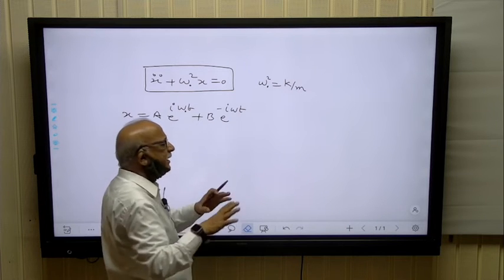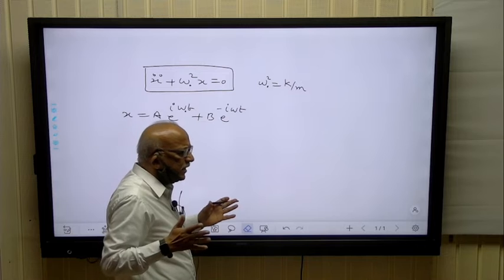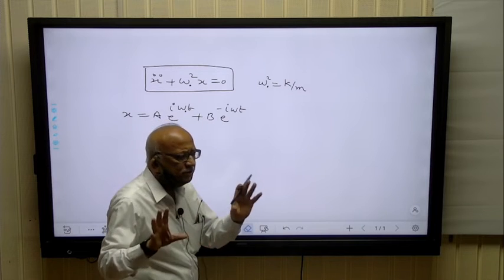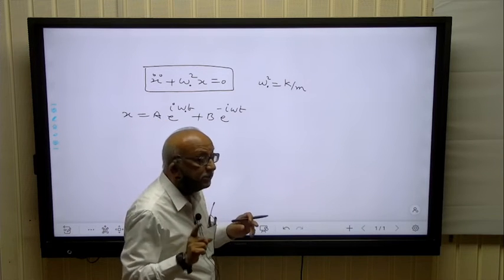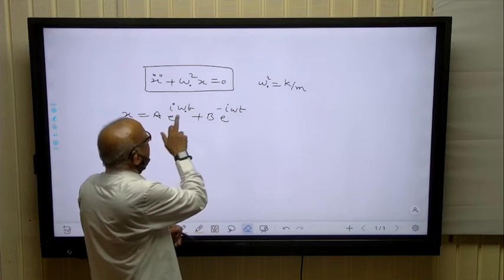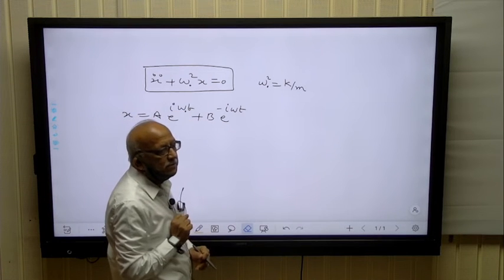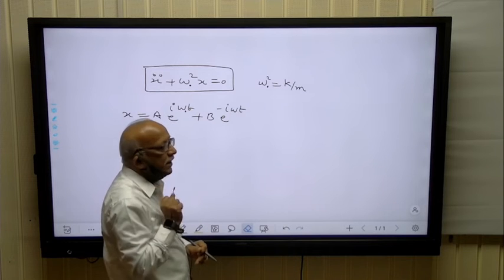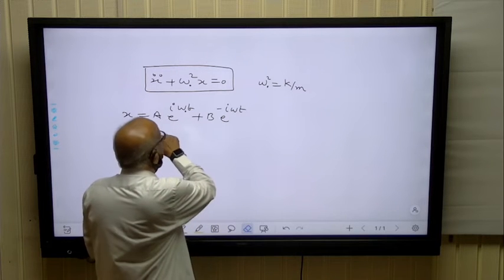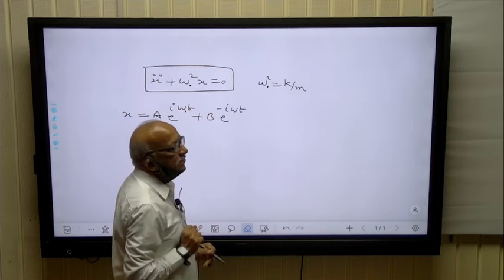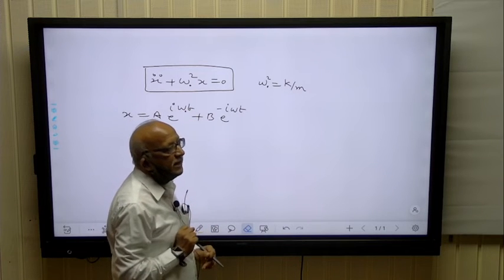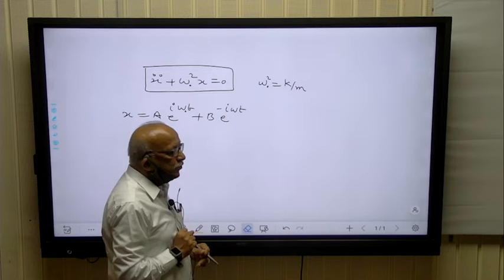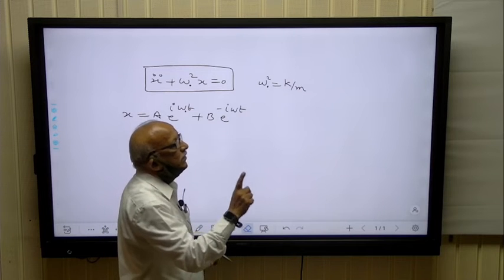This is a concern of mathematics, but I want you to just note it. If a and b are real quantities, this equation will not represent the general solution, because there will be only one constant.